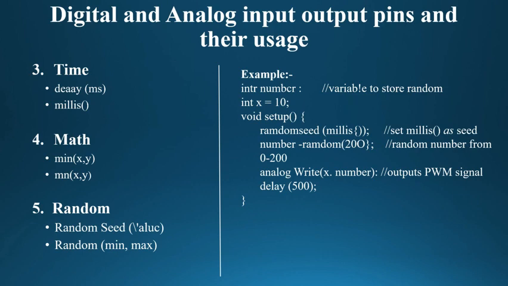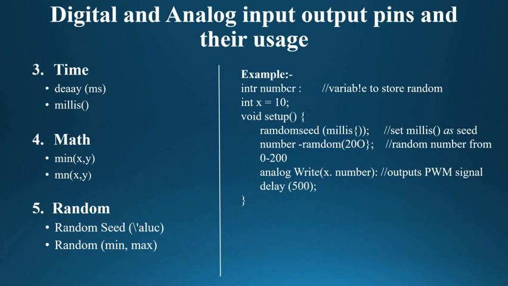Next one is random. The random function is used to generate random values. If you want to display a random value within 10 steps, to get the 10 values, we use the random methods. In this we have two extra methods called randomSeed and random. randomSeed will set the execution to a random value.